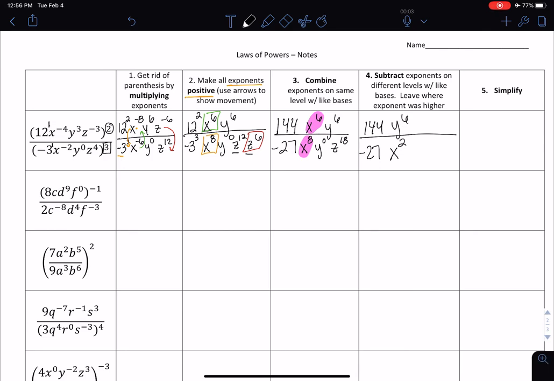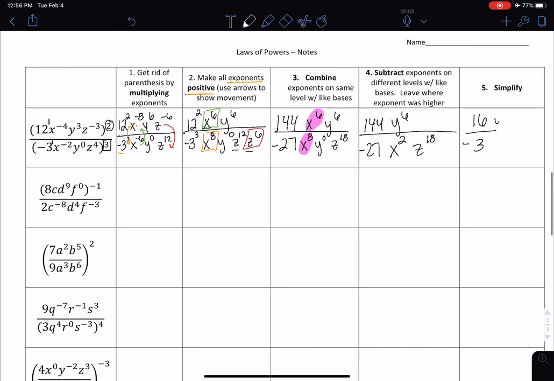And there's no z's to subtract, so all the z's stay on the bottom. And so now our simplify step would be, does 144 and negative 27 reduce? And so it reduces to 16 over 3.